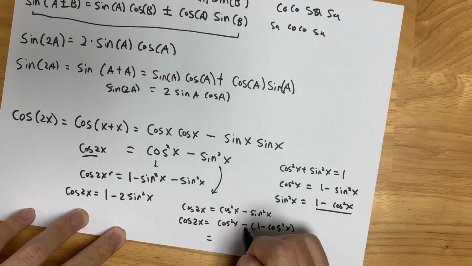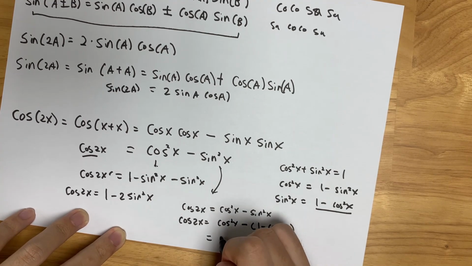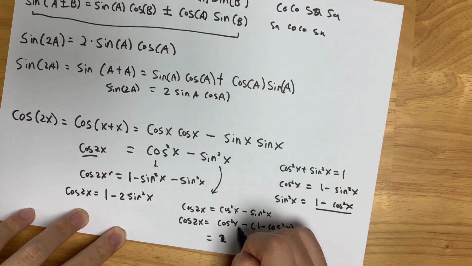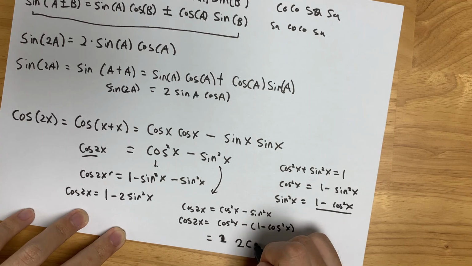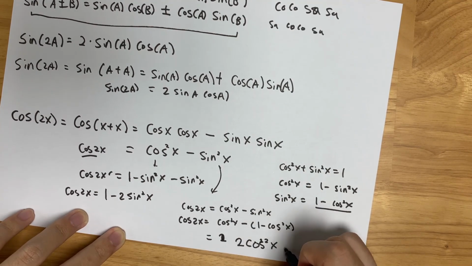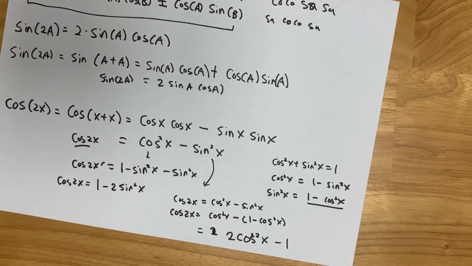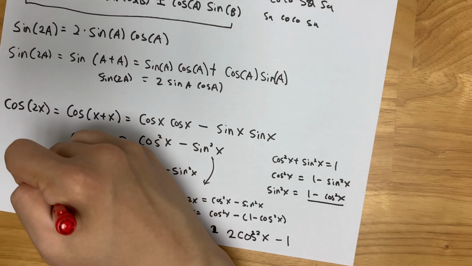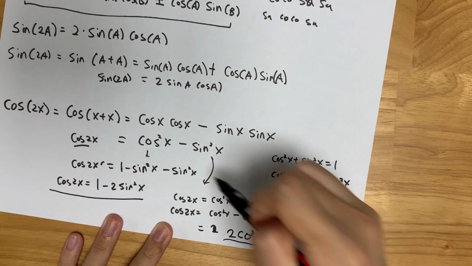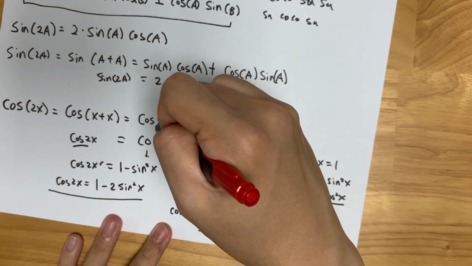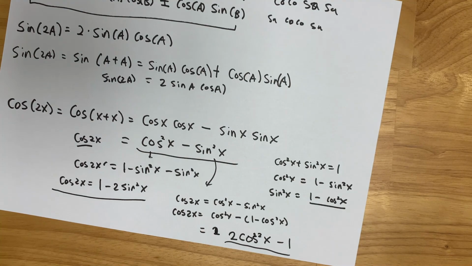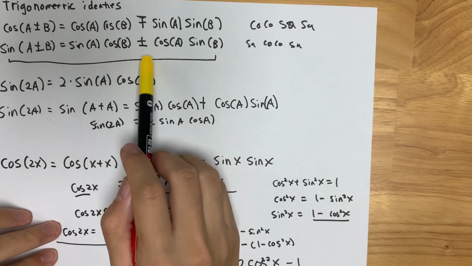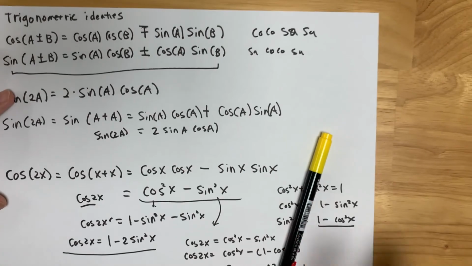The minus makes it 2, and minus a minus is addition, so it's 2 cosine squared x minus 1. So we figure out that cosine 2x equals this one, and also this one. It's hard to prove and it takes time.